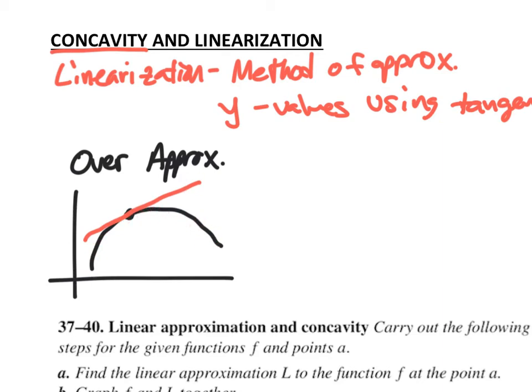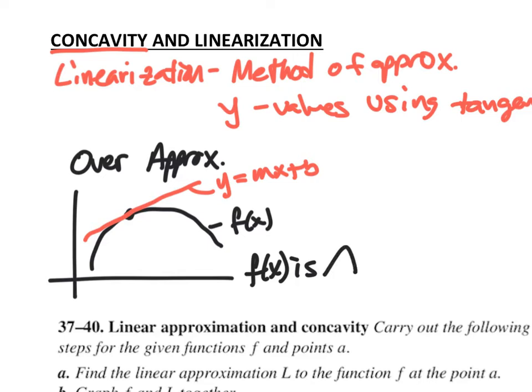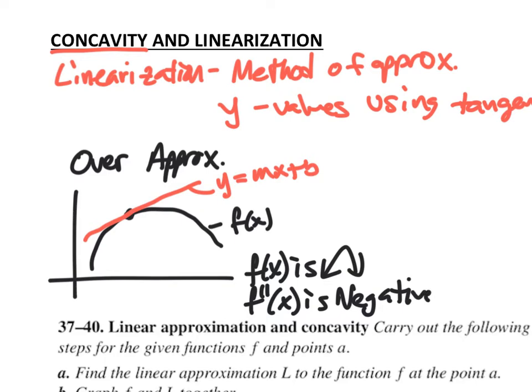I'm going to call this f of x, and this y equals mx plus b. So I get an over approximation if my function is concave down. Remember, if we want to say something is concave down, we have to say that our second derivative is negative. So we do have to be able to calculate derivatives to do this.